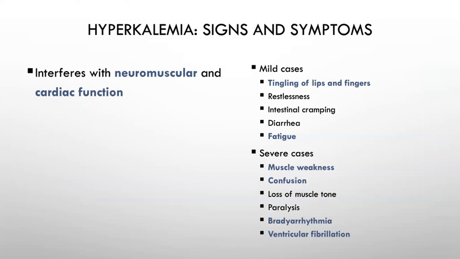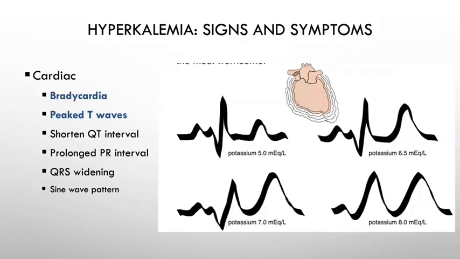As with hypokalemia, muscle weakness can also occur with hyperkalemia. It tends to occur first in the legs and then moves up to the trunk, eventually the arms. However, hyperkalemia generally needs to be severe for this to occur. The most feared consequence of hyperkalemia is altered cardiac conduction, leading to deadly arrhythmias.